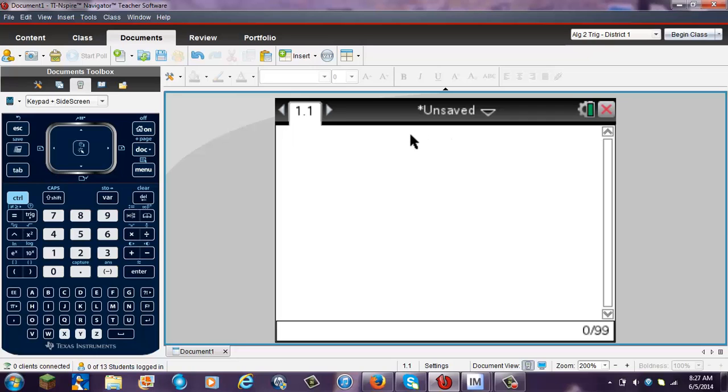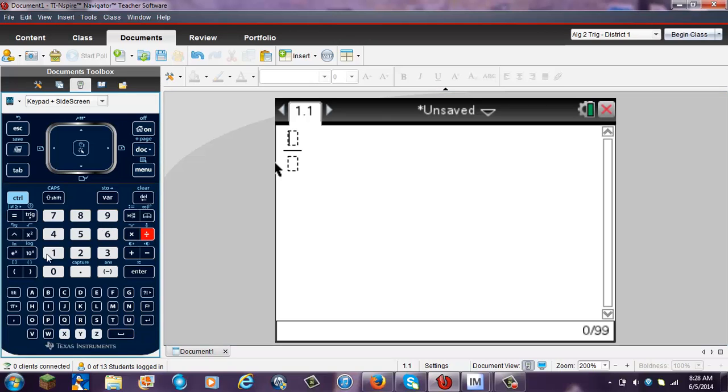So first open up a new calculator page, and so it's going to be 12 times sine 120 over sine 45. So you make a division, a fraction, and then do 12 times in parentheses.